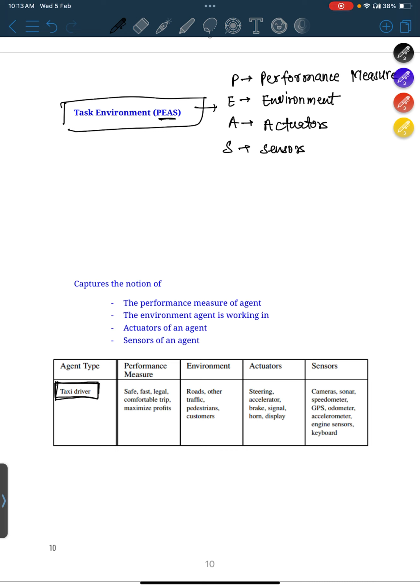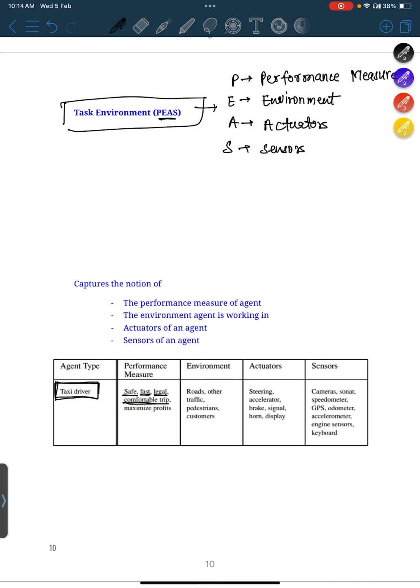It can be that our journey should be safe. It should be fast enough to reach the destination on time. It should be legal, so your taxi driver should not break any traffic rules. It should be a comfortable trip. There shouldn't be lots of bumps during your trip, or the driver hitting someone else.